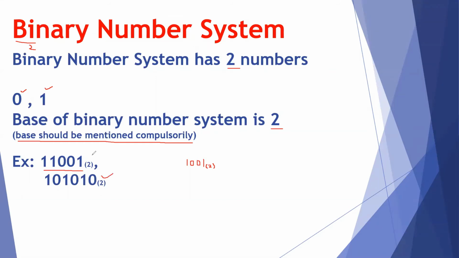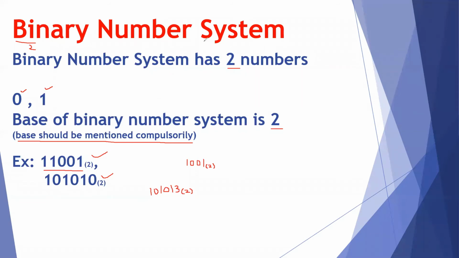Now we can take one more example where I'm going to write 1, 0, 1, 0, 1, 3, base 2. Is it a binary number? No, it is not a binary number.